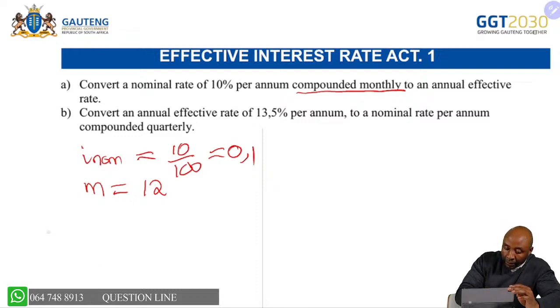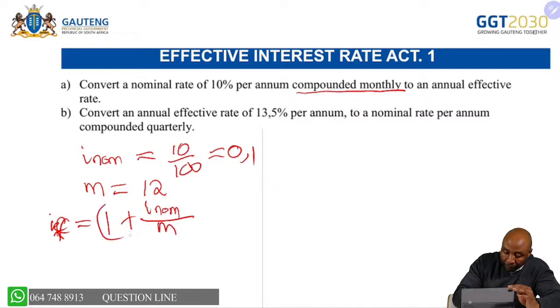And we are going to use the formula: 1 plus I effective is given by 1 plus I nominal over M to the power M. I've moved the 1 to the other side to make my life easy.